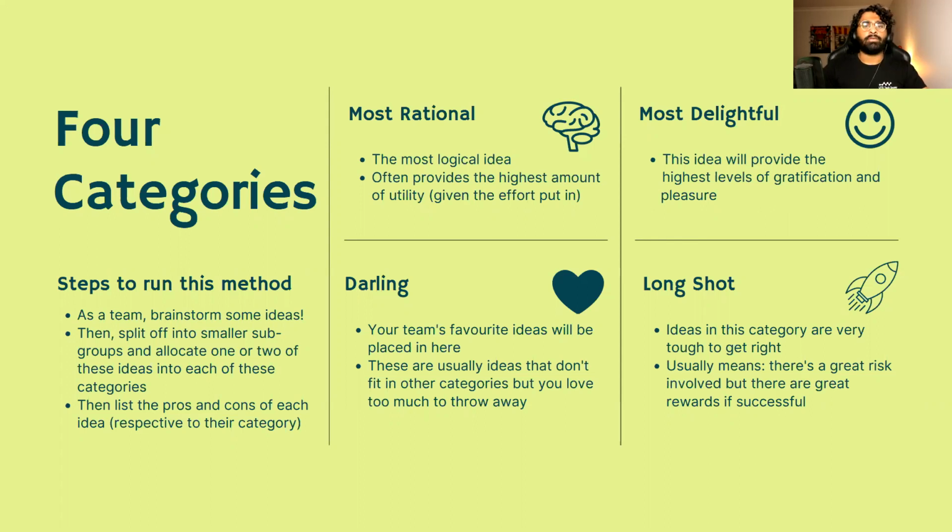So there are those ideas where it might be a long shot, and then you need to appropriately consider, okay, is this doable? And especially because your team has 2 weeks left at this point in time, it's really important to understand when an idea is too big to tackle.